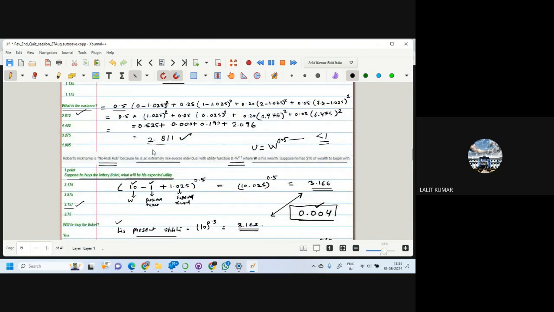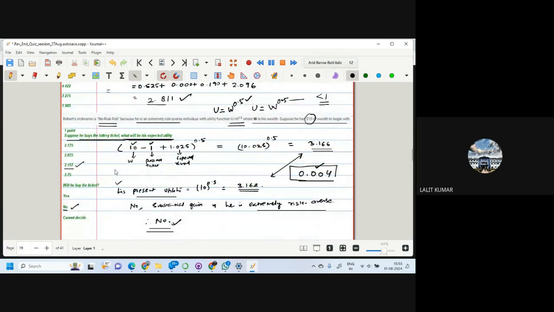Now Robert's nickname is No-Risk Rob because he's an extremely risk averse individual, with the utility function equal to W to the power 0.5. So from here only we can make out he's a risk averse person. Where W is his wealth, suppose he has $10 of wealth to begin with. Suppose he buys the lottery ticket, what will be his expected utility?